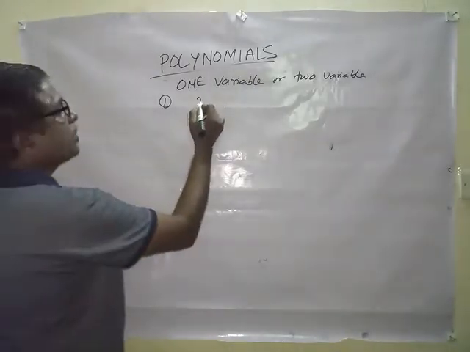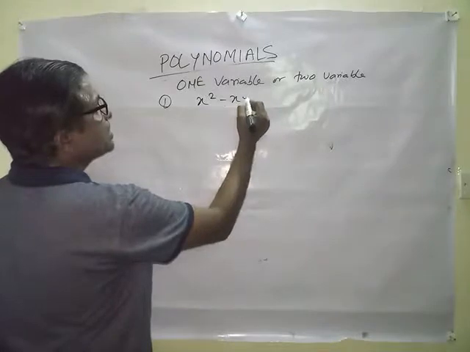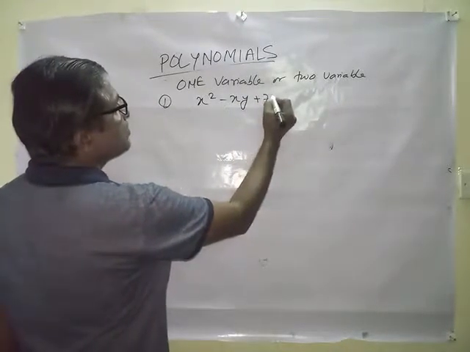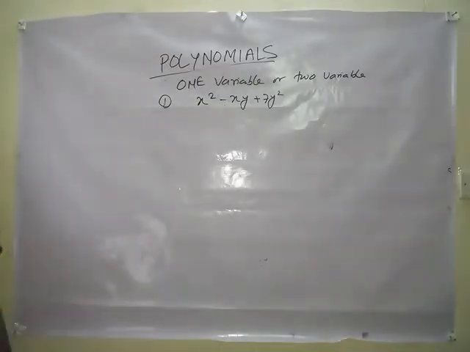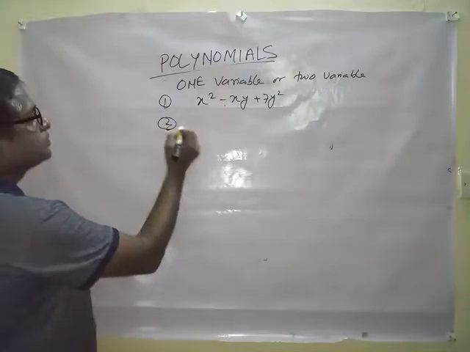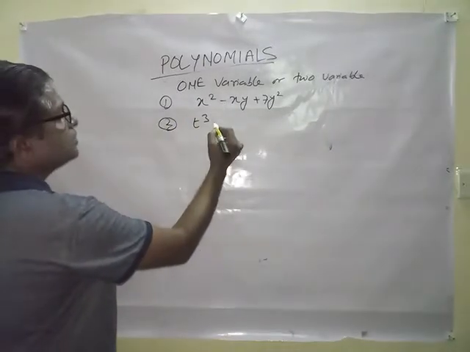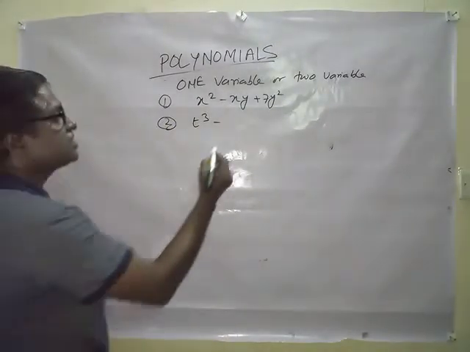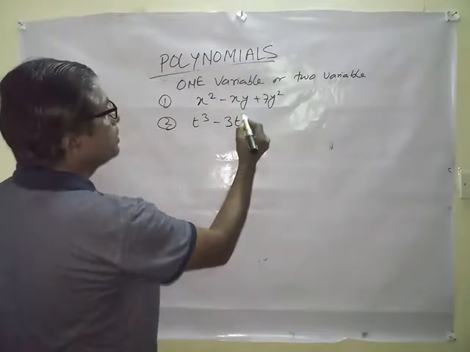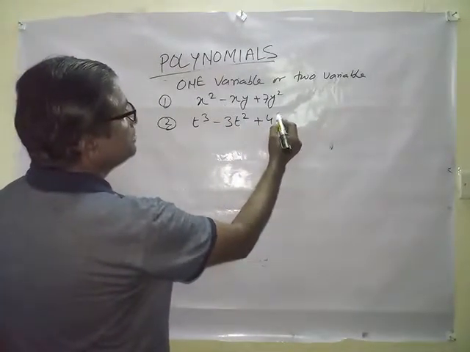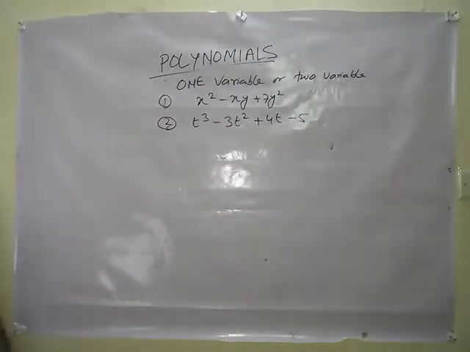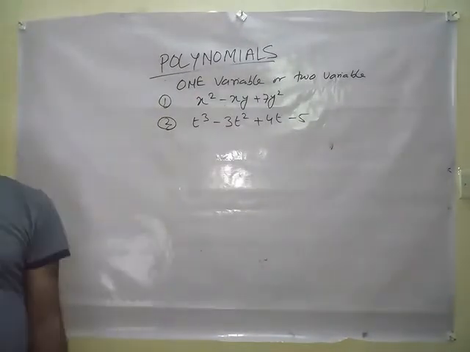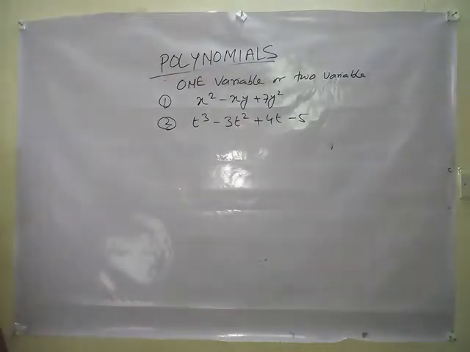Like x square minus xy plus 7y square. Is it a polynomial of one variable or two variables? Our second is t cube minus 3t square plus 4t minus 5. So these two things you have to find out.